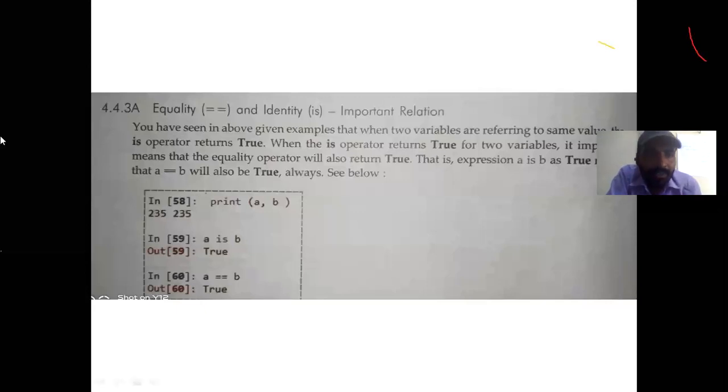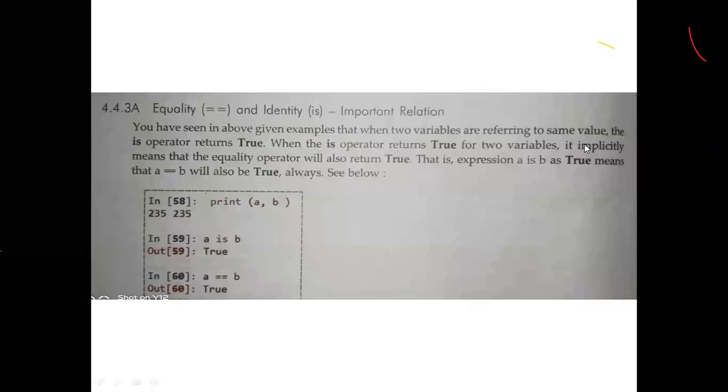Kindly see equality and identity operator. You have seen in the above example that when two variables are referring to the same value, the is operator returns true. And when the is operator returns true for two variables, then it implicitly means that the equality operator will also return true.